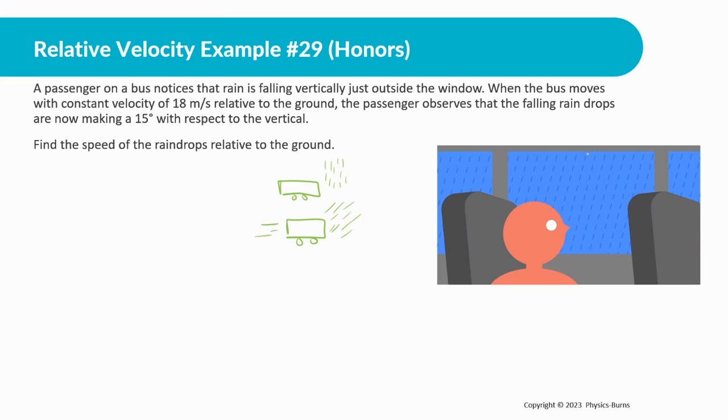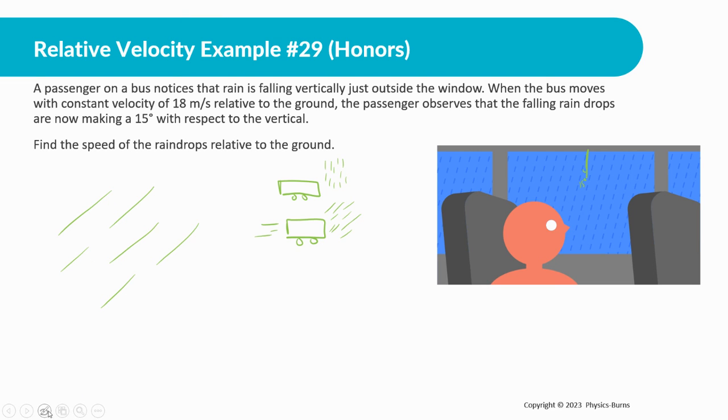And just like in this picture here, we can see that these raindrops are at an angle, and that angle is 15 degrees. So find the speed of the raindrop relative to ground. What we know, and I'm going to just dramatize these raindrops, is as we're going towards these raindrops, it's going to look like this.